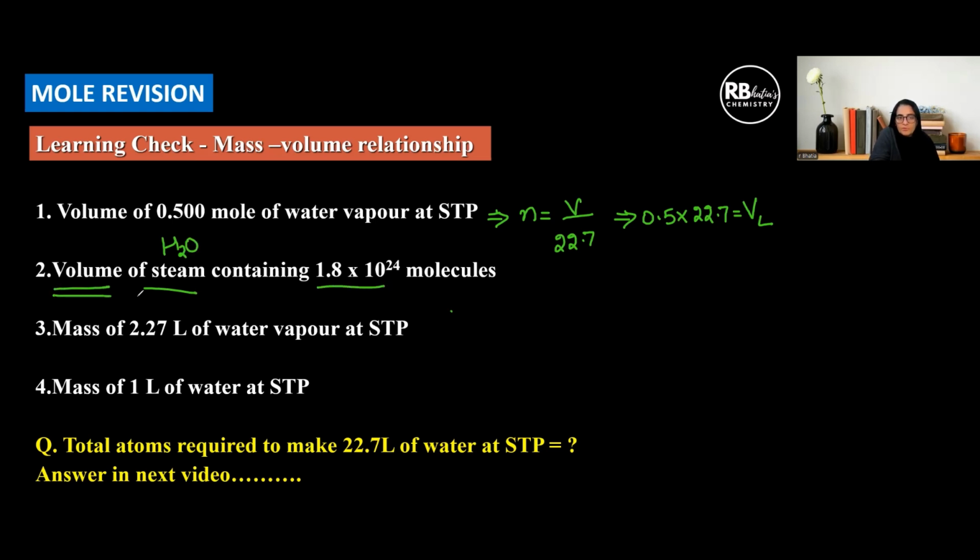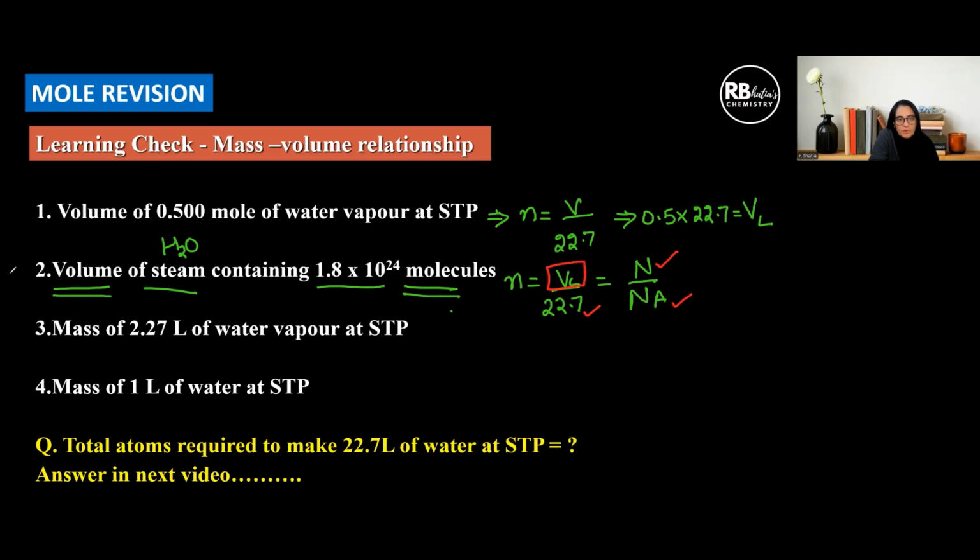So it's a relation between volume and number of molecules. What am I going to do? I know N is equal to V upon 22.7, where V is in liter, or it is equal to N upon Avogadro number. Clear? So we know this, we know this, and we've been asked this.